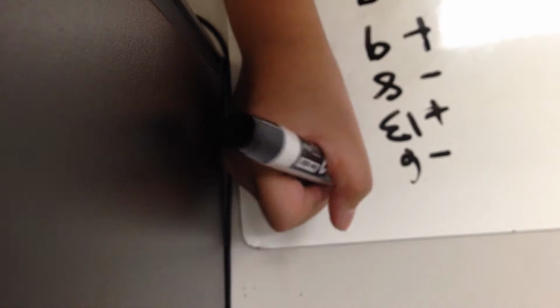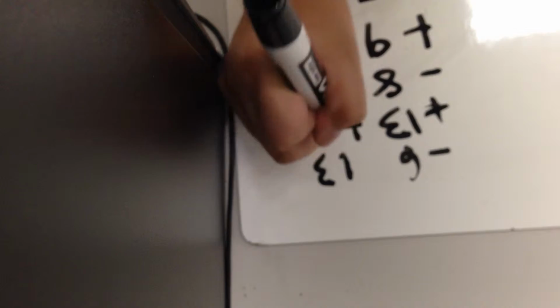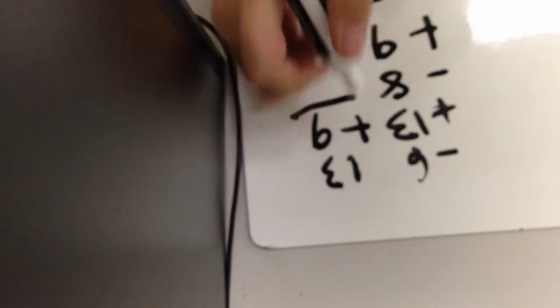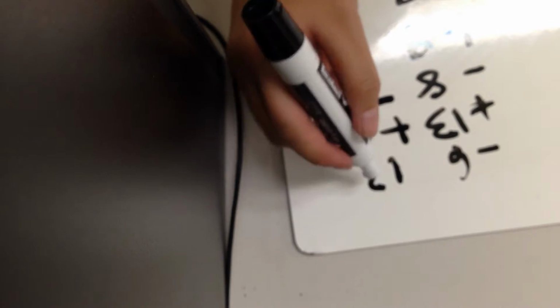So what you want to do is first add the positives. 13 plus 9, okay, so 9 plus 3 equals 12.